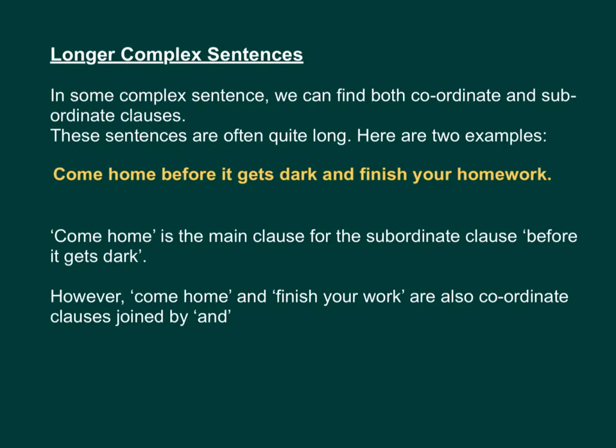Longer complex sentences. In some complex sentences, we can find both coordinate and subordinate clauses. These sentences are often quite long. Here are two examples. Come home before it gets dark and finish your homework.